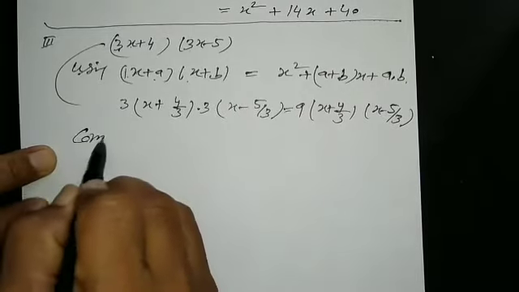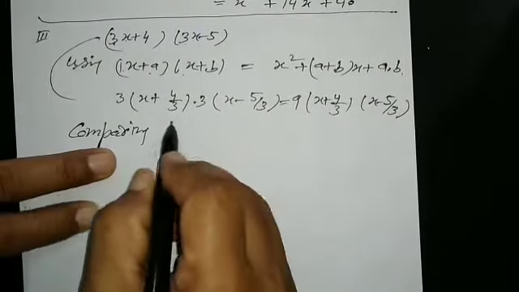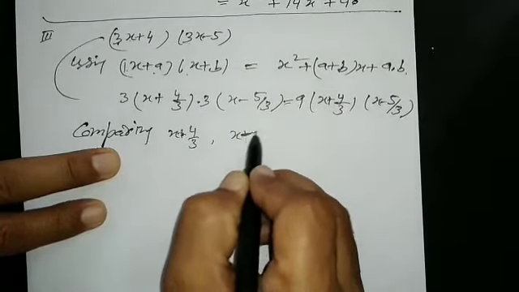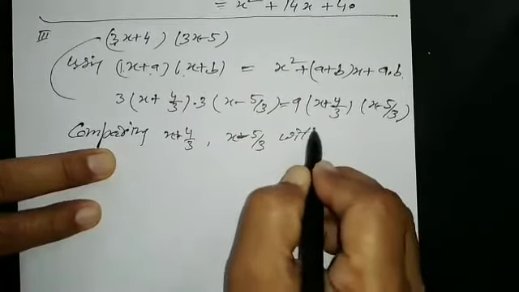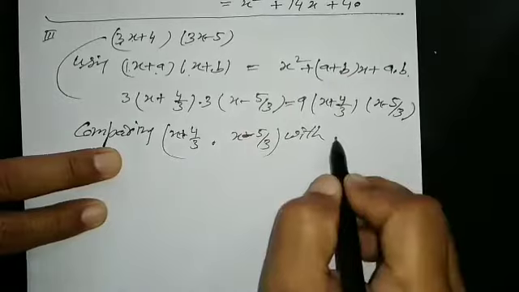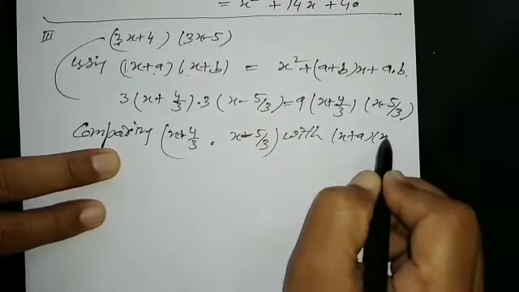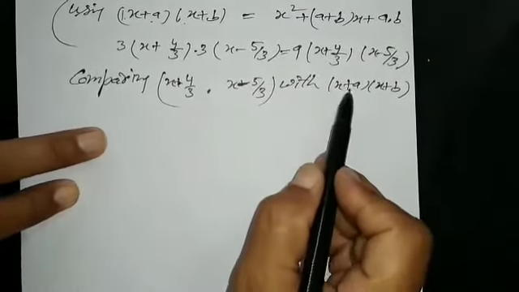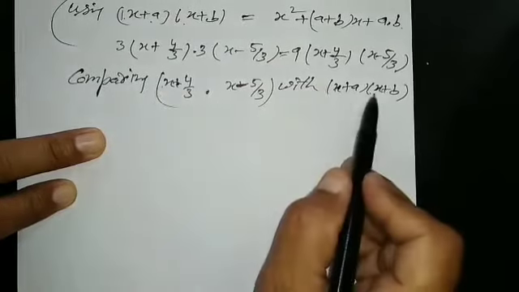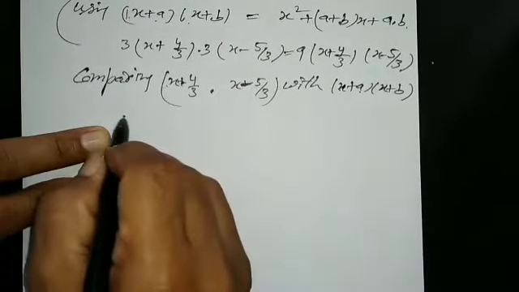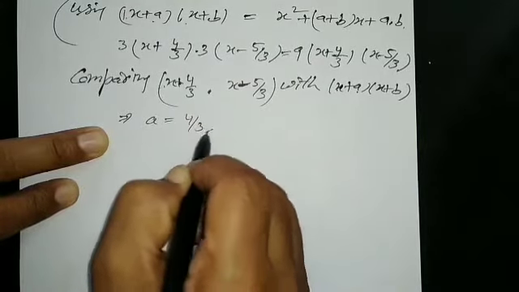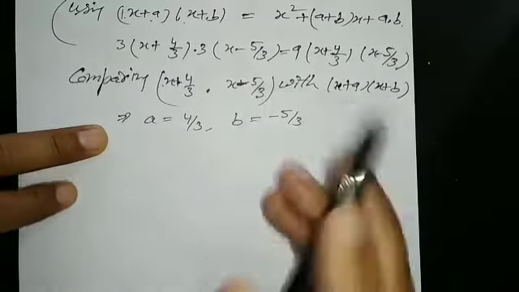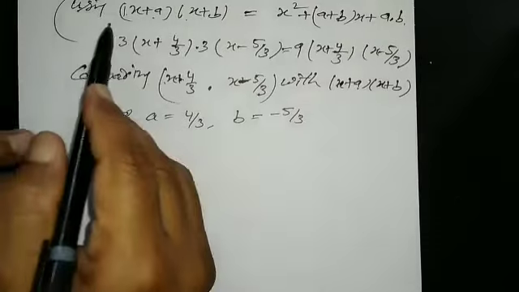Now comparing x plus 4 by 3 and x minus 5 by 3 with x plus a, x plus b. Okay, we are following the process, right? Here the coefficient of x is 1 and also 1, so a equal to 4 by 3, and b equal to minus 5 by 3, right?